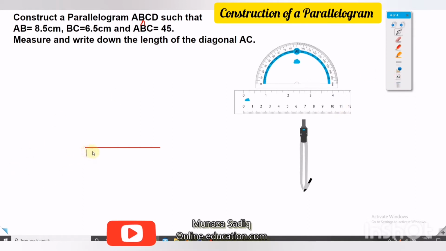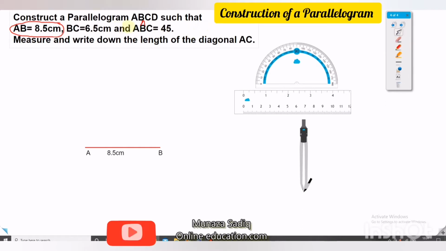Second step, to give names like this: A, 8.5 centimeters, and the second point is B. This measurement, this step is done. Mark a circle to show that we have done this one.